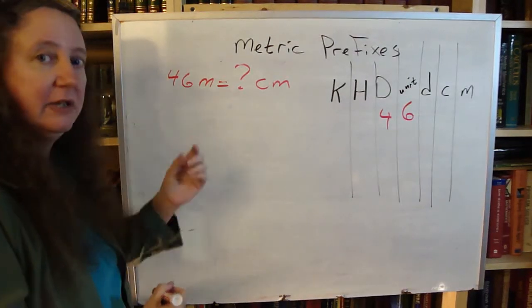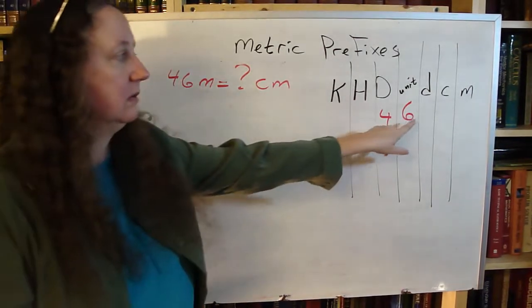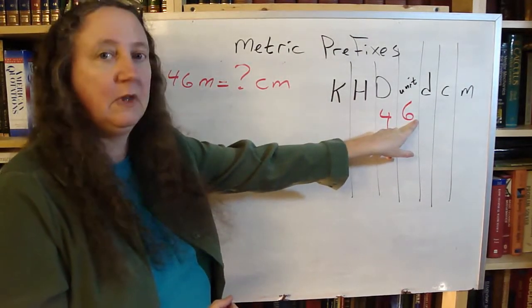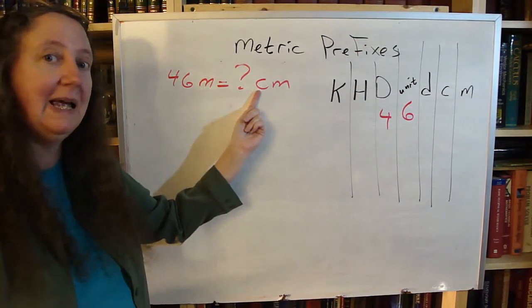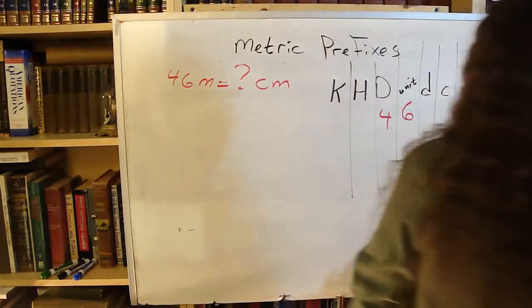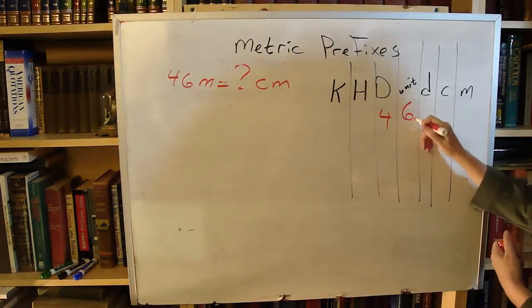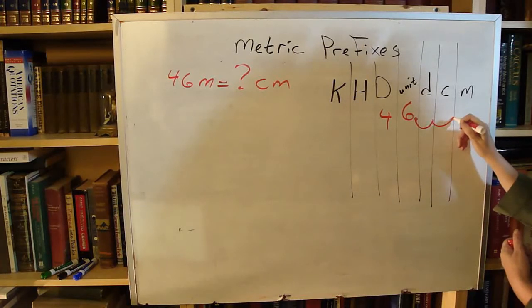Now I have to imagine that there's a decimal point at the end of the 6. And I want to put that decimal point at the end of the C column. So I'm taking my decimal from there, and I'm moving it to here.